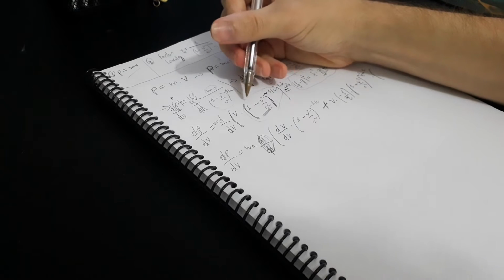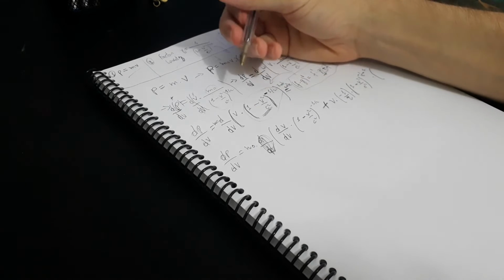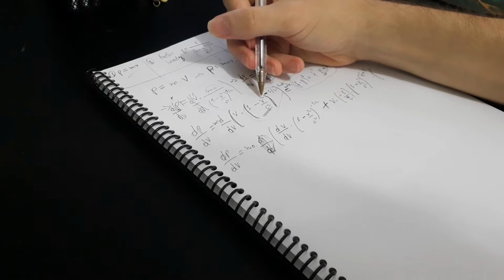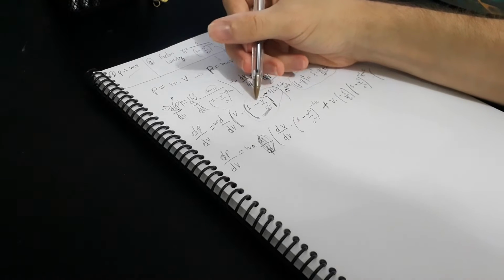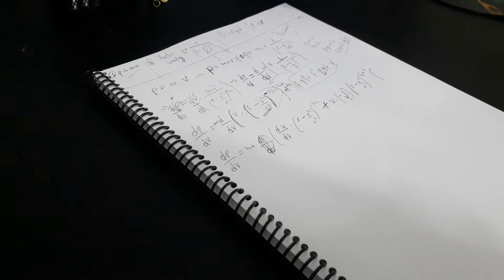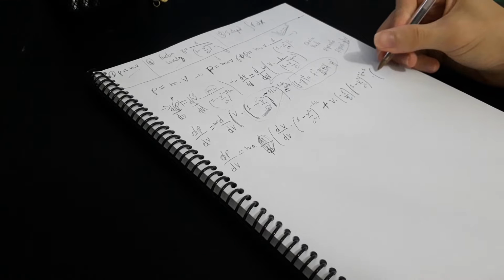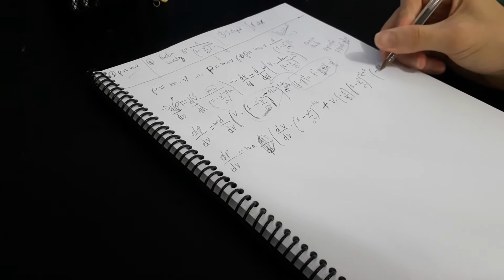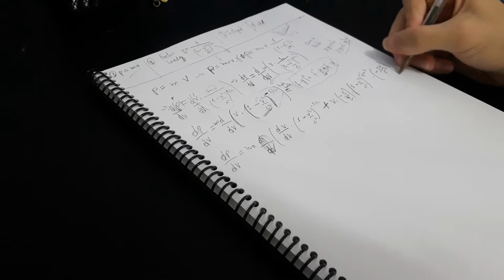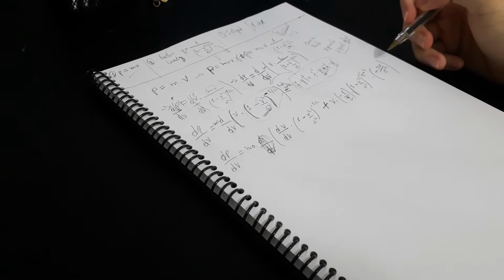What is the derivative of a constant? Right, it is 0. What is the derivative of this part of the function? Well, c squared is a constant, so I don't do anything. Turns out we have this equation.